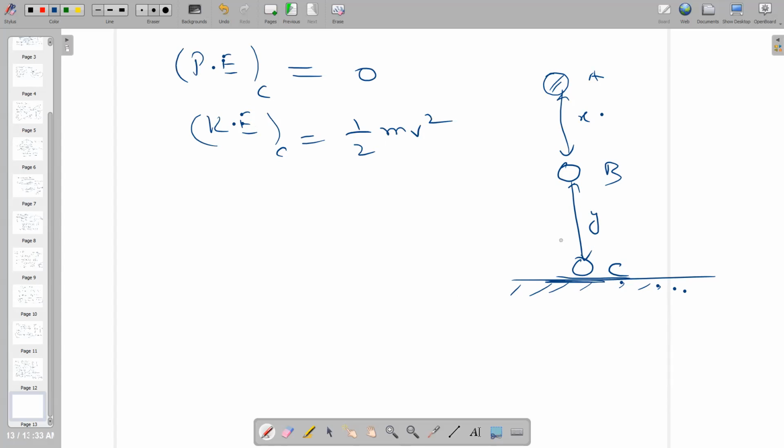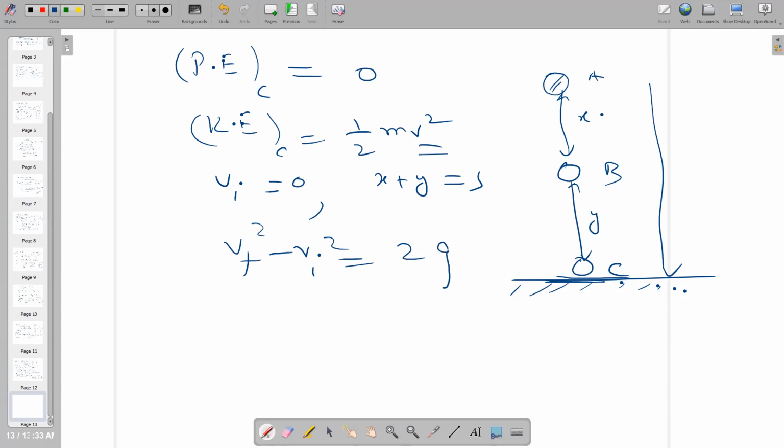Now we want to find the V value from A to C. So Vi is again 0, but now the distance is x plus y. So apply the same equation, Vf square minus Vi square is equal to 2gs.